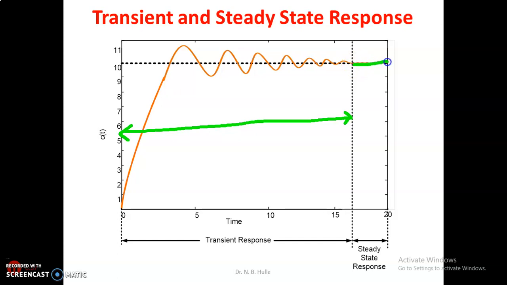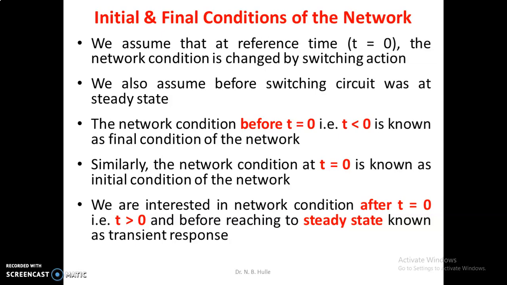That particular period of the system is known as the steady state response of the system. Now here, before going for the analysis of the transient response of the RL, RC and RLC series circuit, first we have to understand about the initial and final conditions of the network elements.